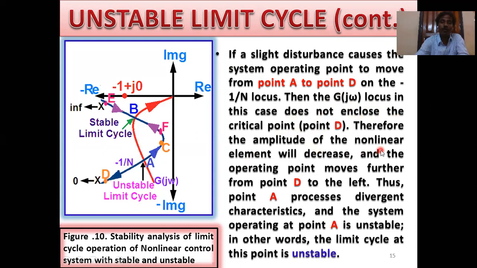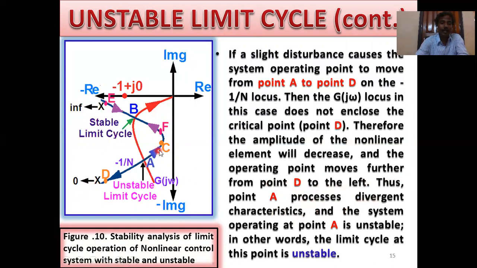Therefore, the amplitude of the nonlinear element will decrease. That means at this point, the amplitude of the nonlinear element decreases and the operating point moves further from point D to the left, in this direction. That means X tends to 0. Thus, point A possesses diverging characteristics.